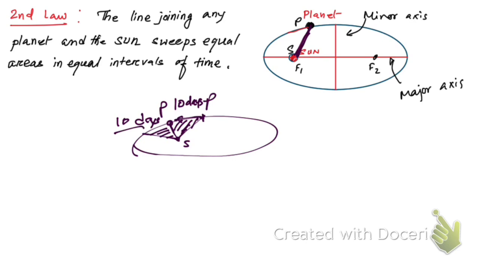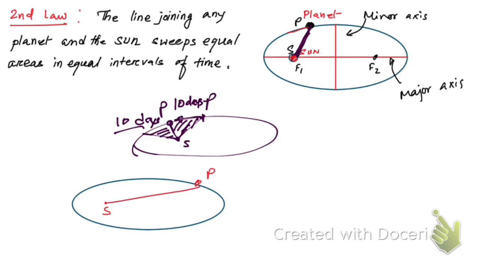Okay, so that's why, to maintain this areal velocity, when the planet is away from the sun, it moves slower.